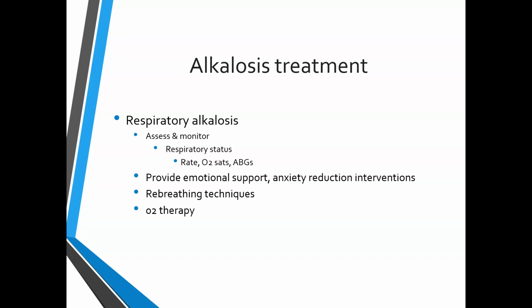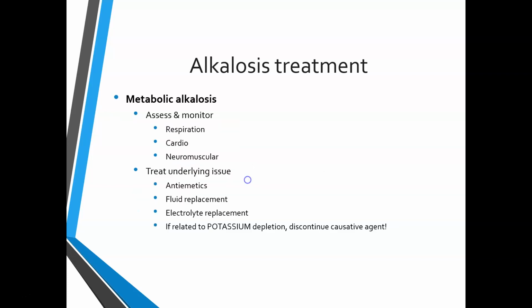Treatment for respiratory alkalosis, monitor and assess, watch the patient's respiratory status, their rate, what their O2 sats are, and again the ABG interpretation. Emotional support, anxiety reduction, rebreathing techniques, and O2 therapy as prescribed. With metabolic alkalosis, watch the patient's respiratory, cardio, and neuromuscular systems, and treat the underlying issue.